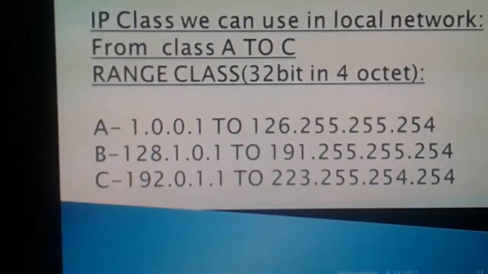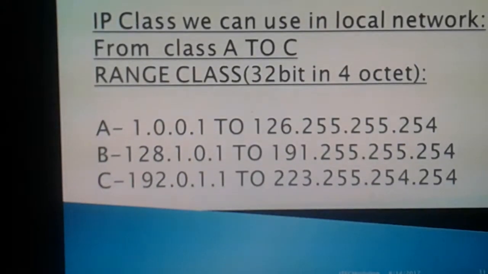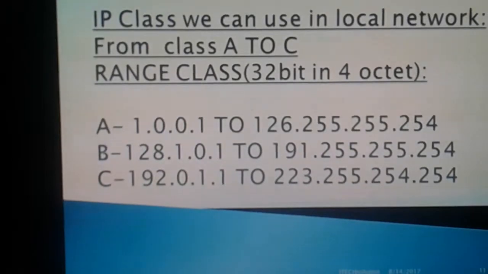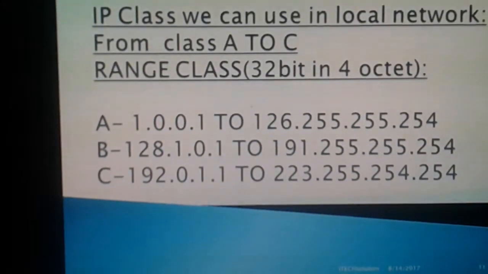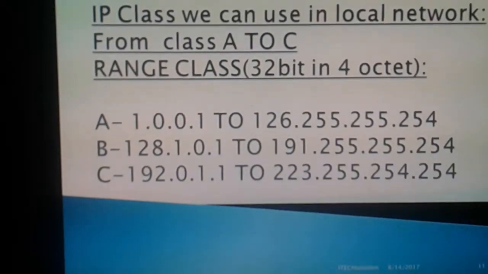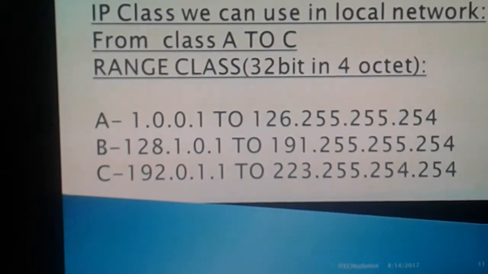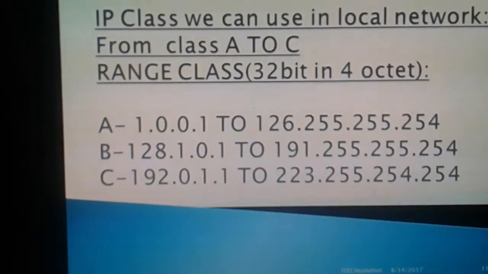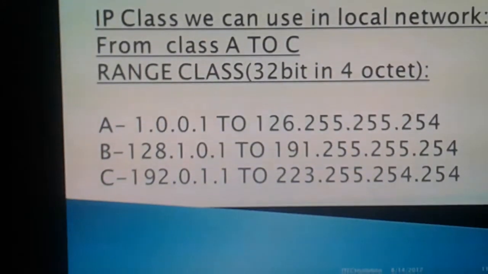Next, IP classes may be A, B or C. IPs are 32-bit, 4 octets. Class A has a first octet from 1 to 126. The last host address is 254 basically; 0 and 255 are not allowed to be assigned. Class B starts with first octet 128 up to 191.